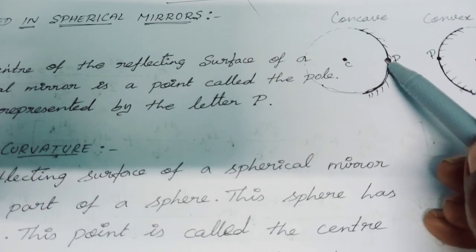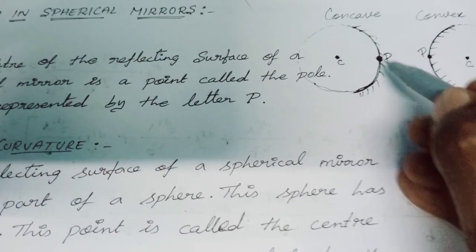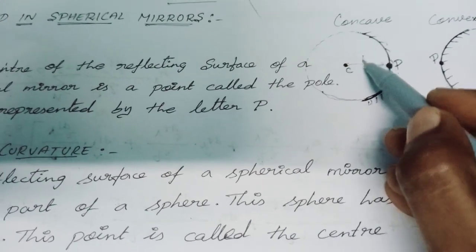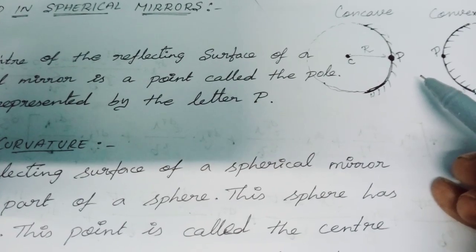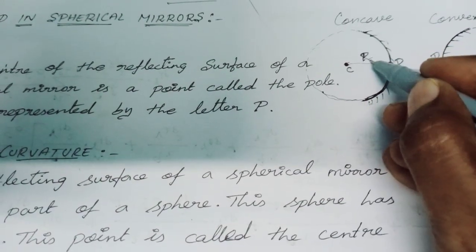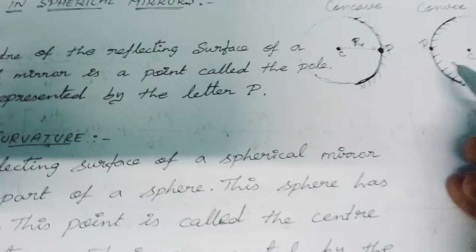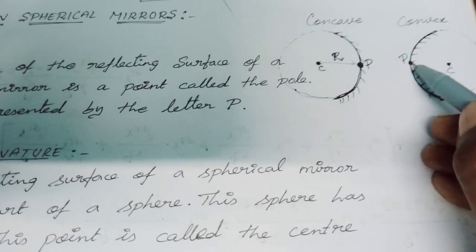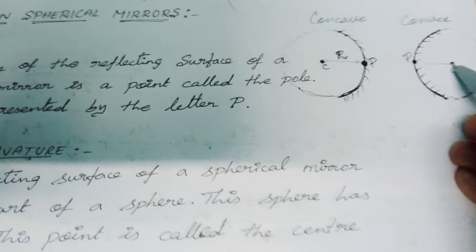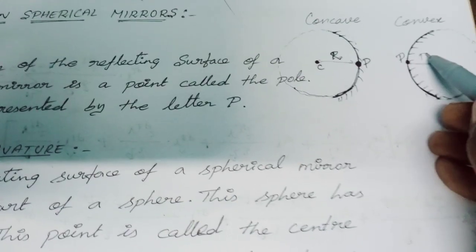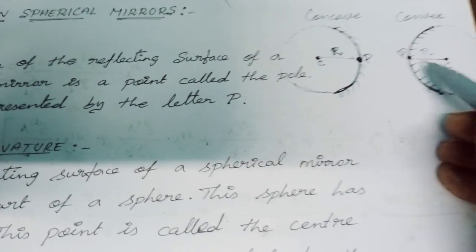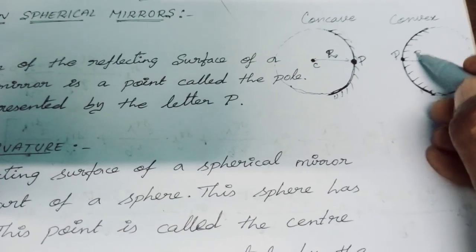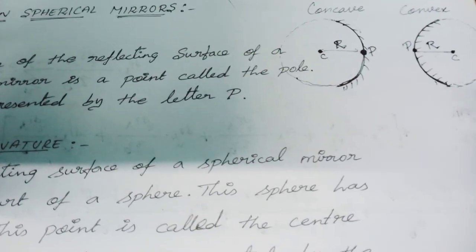So this distance is the radius of this whole sphere, and this radius is called the radius of curvature. It is represented by the symbol capital R. That is the radius of curvature for a concave mirror. For a convex mirror also, this distance is the radius of curvature, because for the whole sphere, this is the radius. It is represented by the symbol capital R.